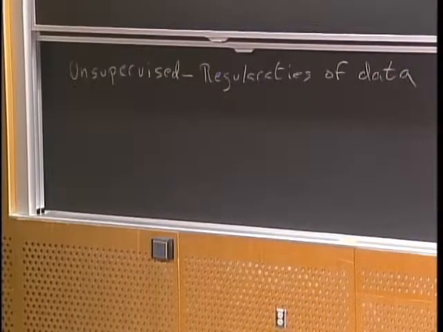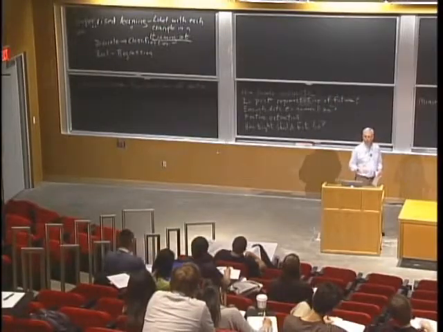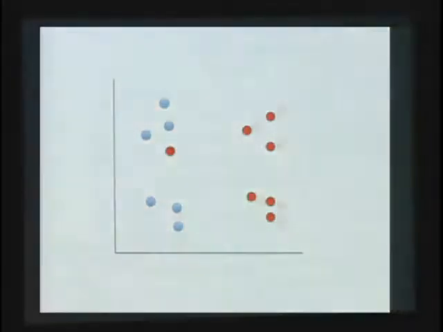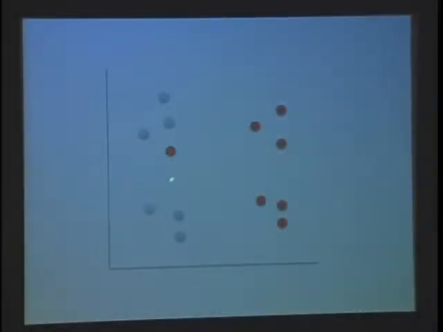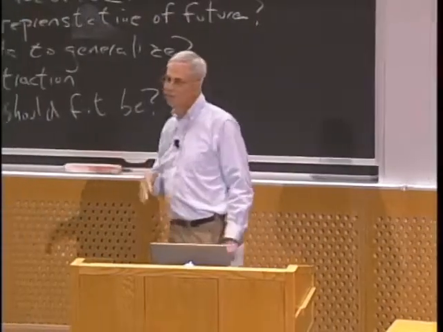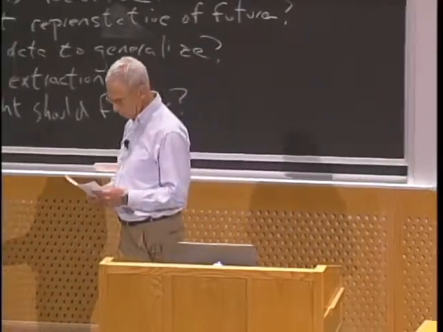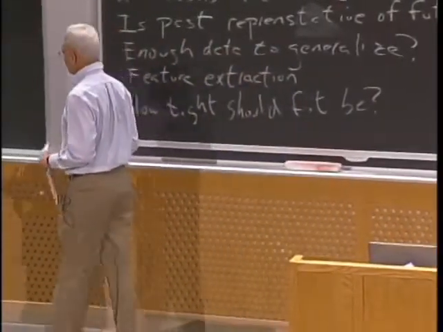So if we looked at this and think away the red and the blue, we might well say, at least, if I look at this, there is some structure to this data. And maybe what I should do is divide it this way. Gives me kind of a nice clean separation. But maybe I should divide it this way. Or maybe I should put a circle around each of these four groupings. Complicated what to do, but what we see is there is clearly some structure here. And the idea of unsupervised learning is to discover that structure.